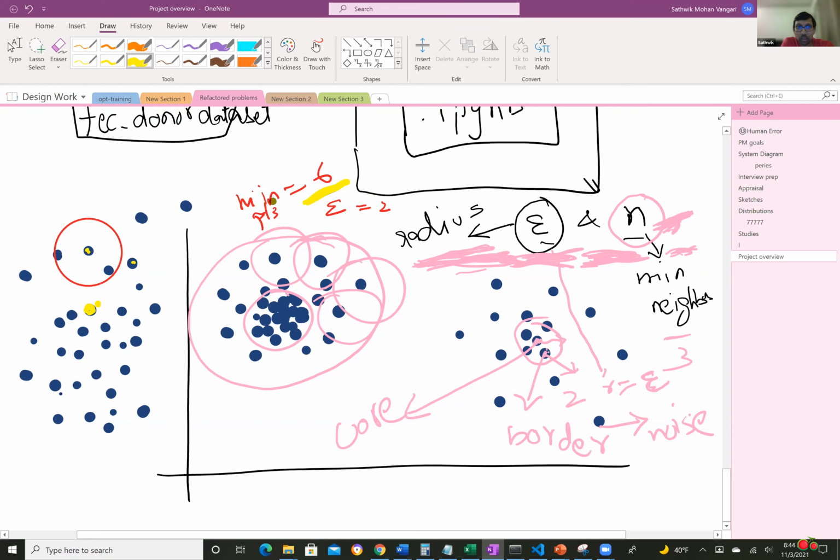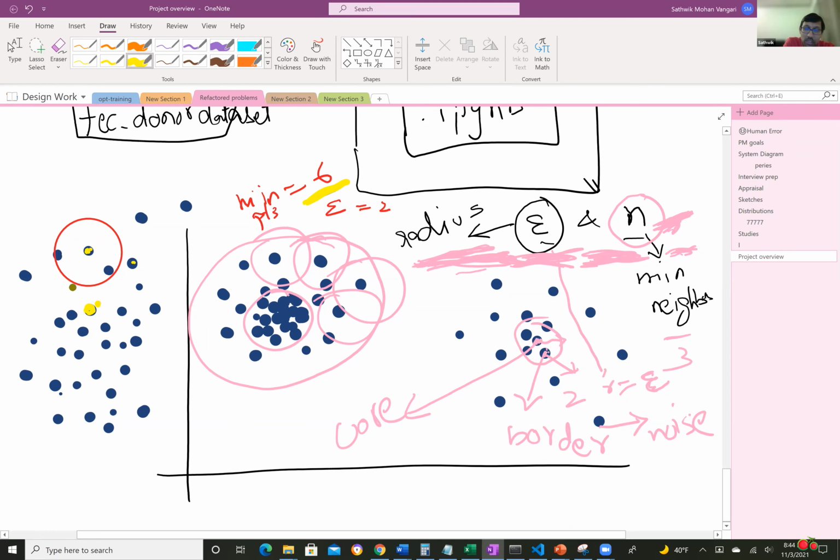right? And is this a neighbor to another core point or even a border point? No, right? But it depends. Assuming we have another circle around here, it could be. Yes, but if you see, its neighbors are this point and this point.